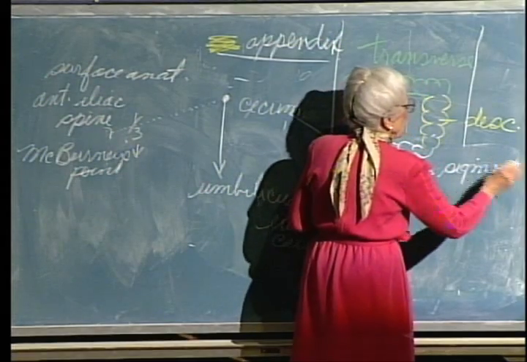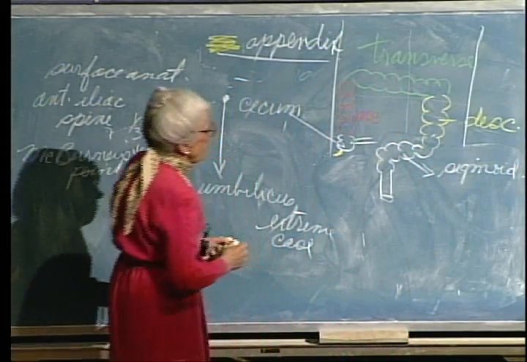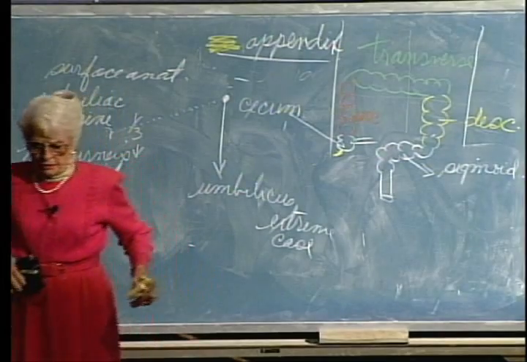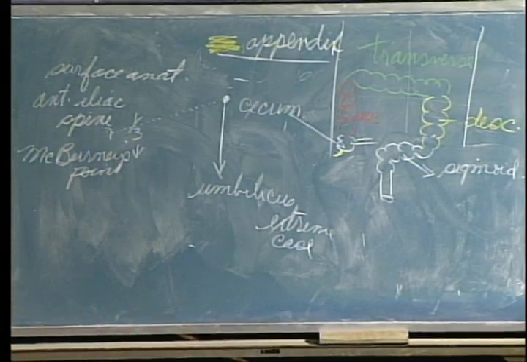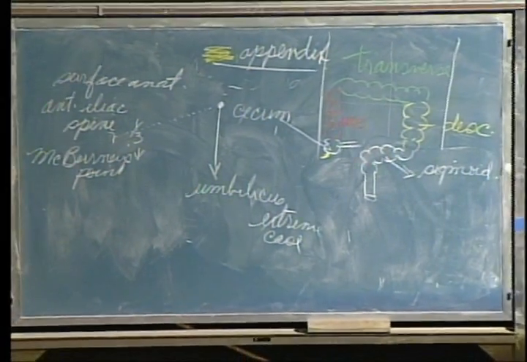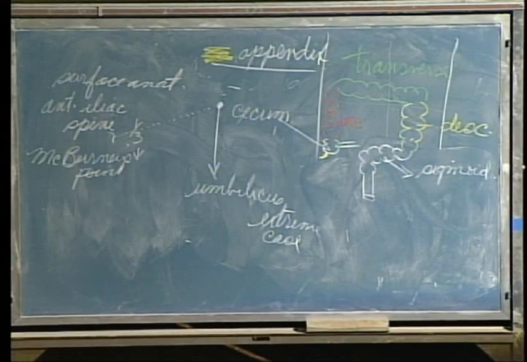Just to give the dynamics of them, sigmoid's coming right below the stomach, across. And when we had one of our guest speakers once, he said a patient that he saw had the seat belt tight around the waist when he had an accident, and it just crushed that whole transverse colon.